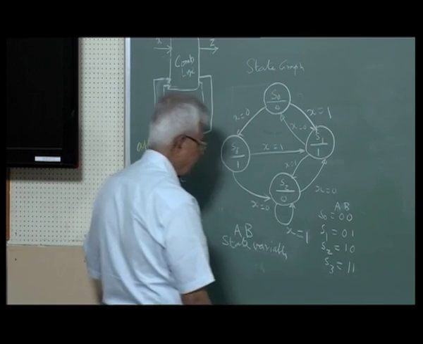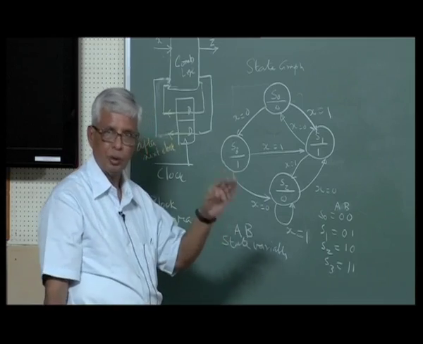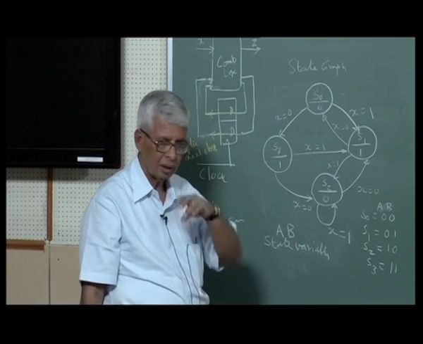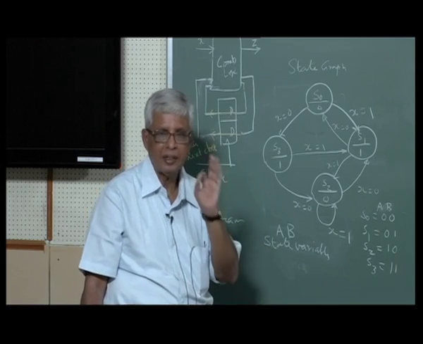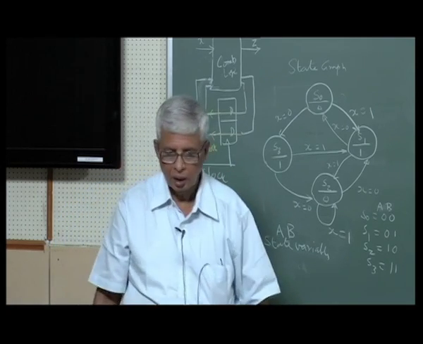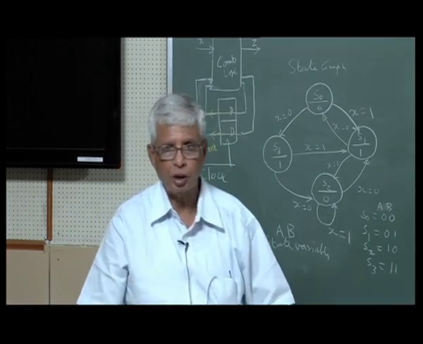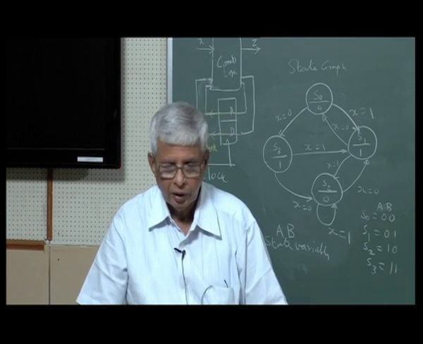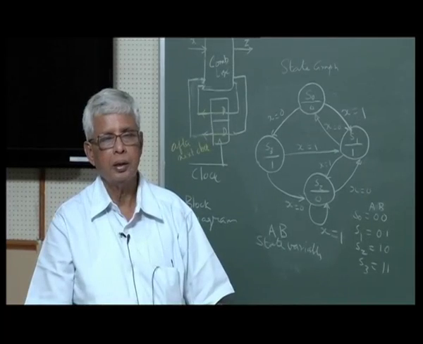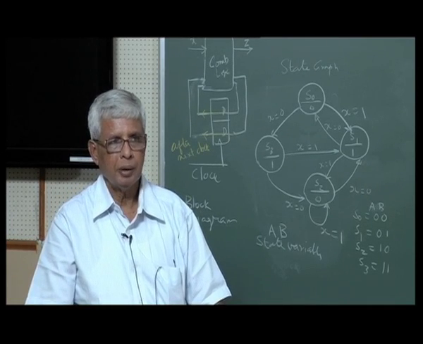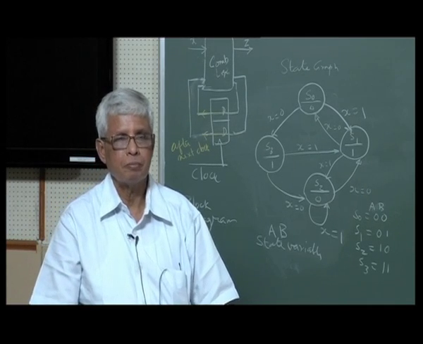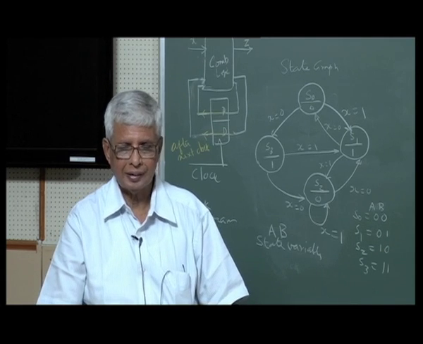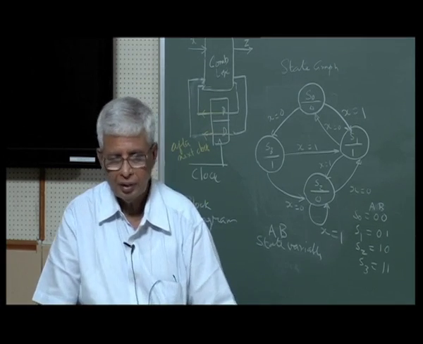So, instead of drawing in terms of S and then converting into 0, 0, 0, 1, etc., I will straight away write the state table. As I said, if you have only states S0, S1, S2, S3, such a table is called a state table. If you replace S0, S1, etc., by the values of A, B, the flip-flop variables, such a table is called an excitation table. The same thing. First you draw a state table.